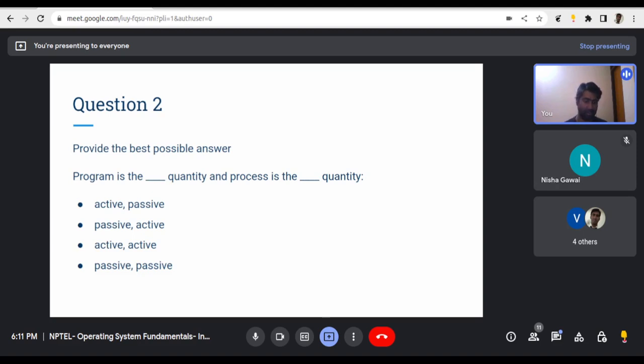The C compiler present in the Unix operating system is different from that present in the Windows operating system, right? Anyway, we are diverting now. So what is the active quantity and what is the passive quantity? Any more contributions? Anyone else would like to answer now?